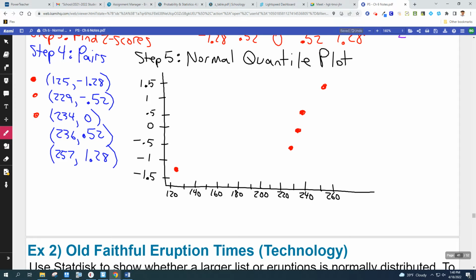That doesn't lie reasonably close to a line. So now we can draw our conclusion.